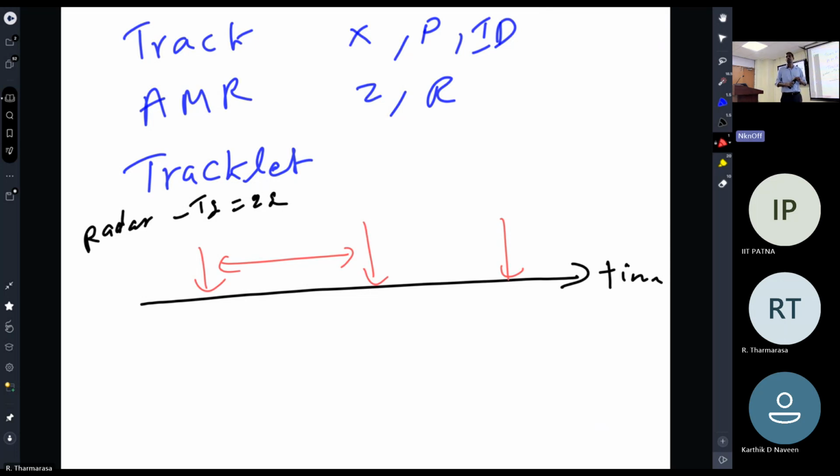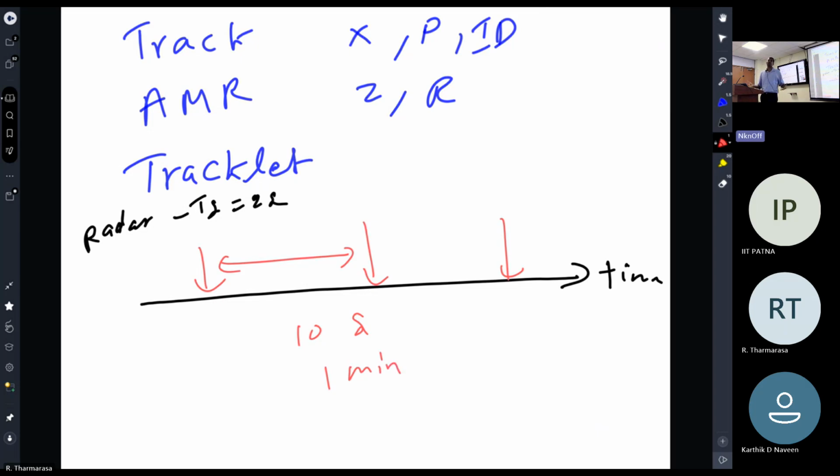Any other answer? Usually that's not 2 seconds. Definitely it's not less than 2 seconds. I'm okay with that, but usually it's not 2 seconds. It could be 10 seconds, 1 minute, depending on the application.